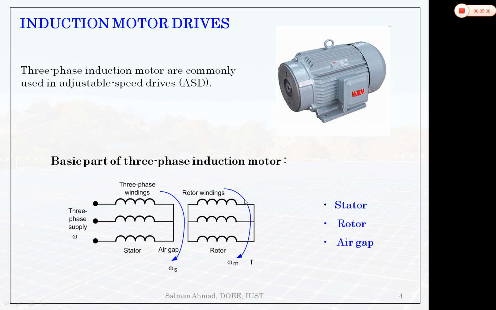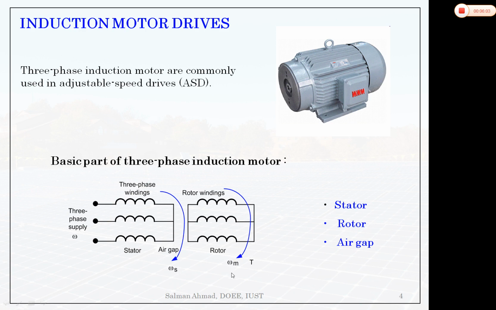So this path is complete, so there will be current in the rotor winding. Now this current and the magnetic field, their interaction will produce torque in the rotor winding. So if the rotor is free to rotate, it will start rotating in the same direction as that of the magnetic field. So it tries to catch the magnetic field which is rotating at synchronous speed.